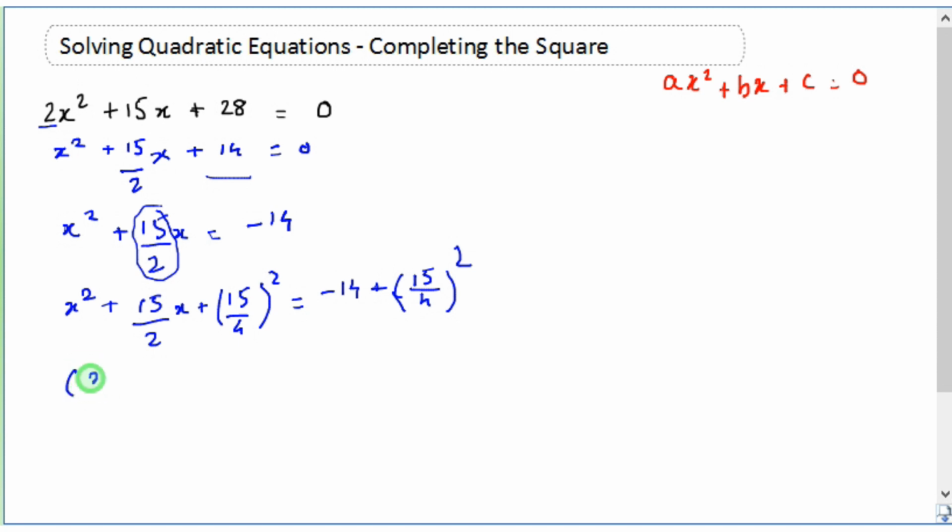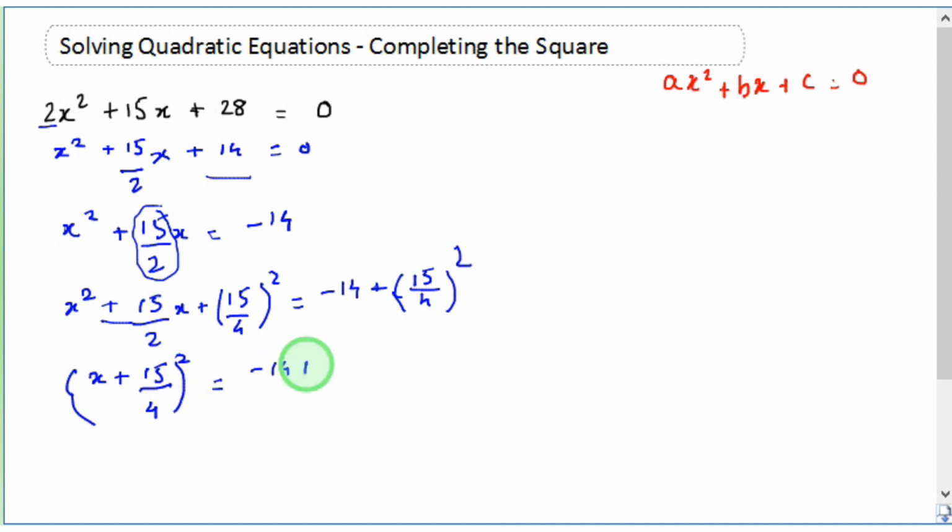Now since the middle term is positive here, this has to be a plus b whole square, which is x plus 15 over 4 whole square.